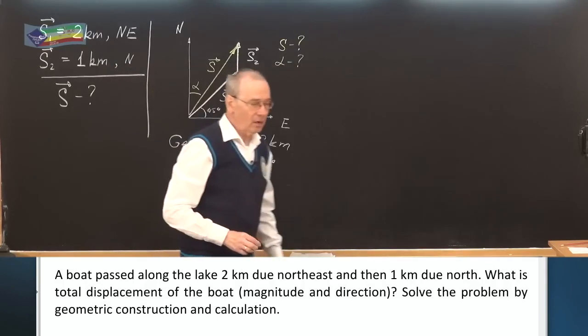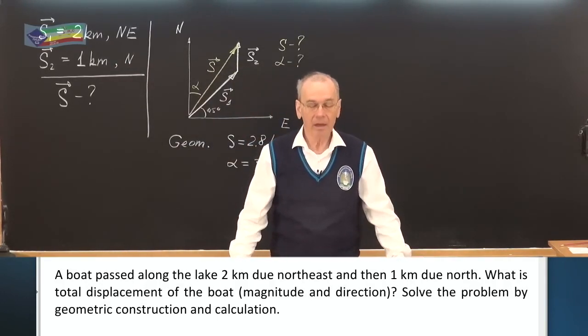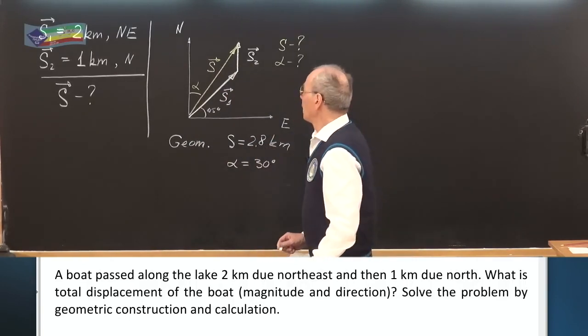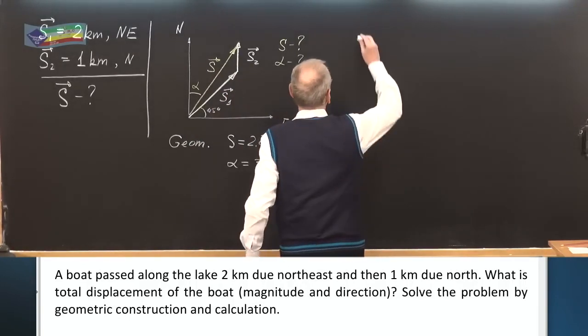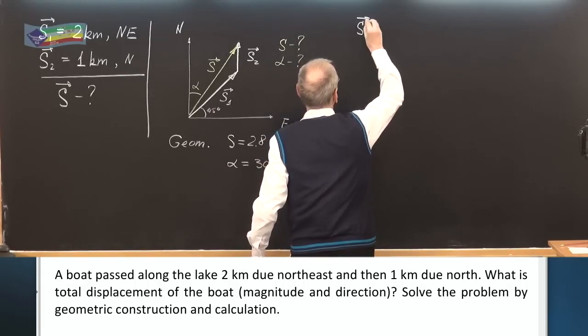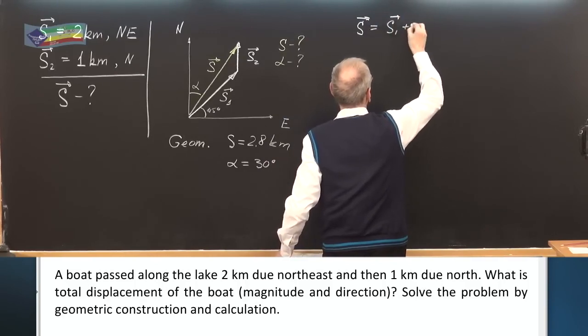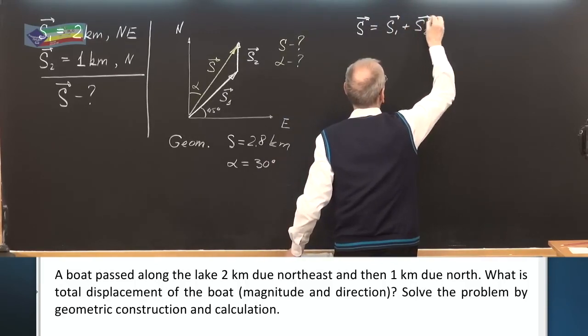Well, now let us use calculation. We can see that the total displacement S vector is the sum of S1 vector and S2 vector.